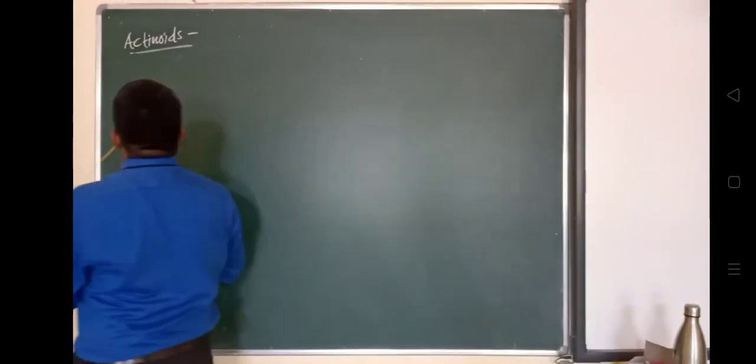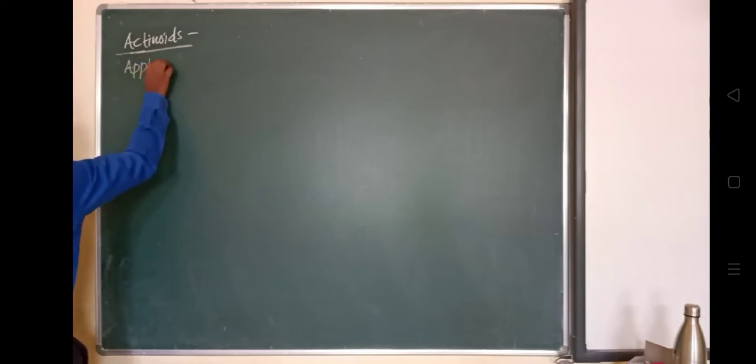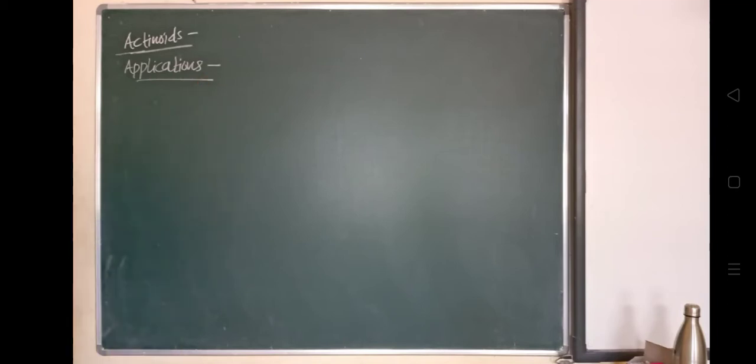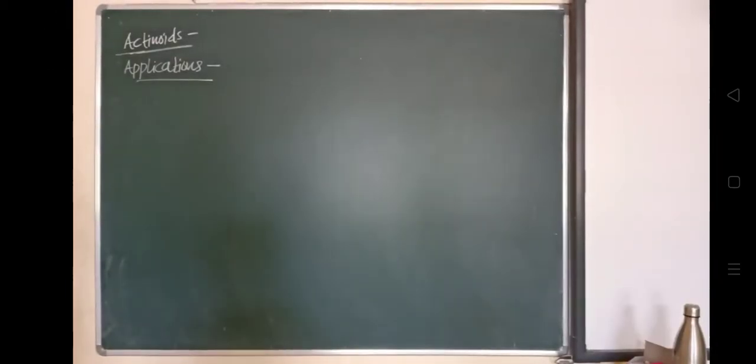So we'll see the applications of actinoids. These are the lowermost elements in the periodic table, starting from actinium to lawrencium, 14 elements in all.